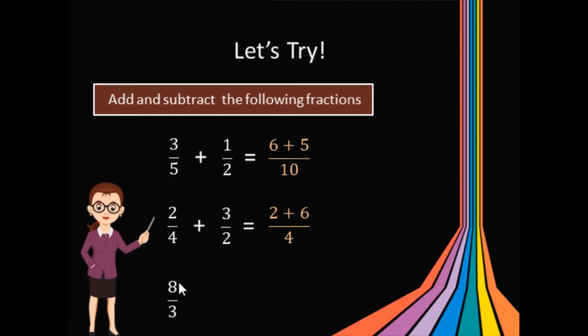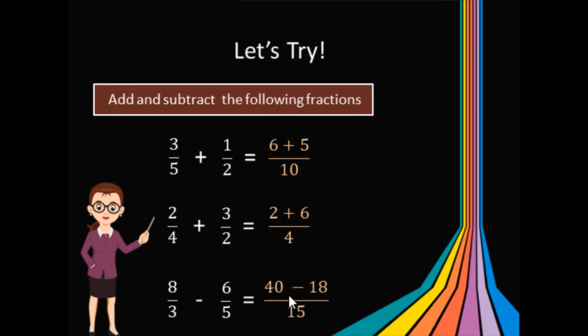Next, we have 8/3 plus or minus 6/5. What is our denominator? Alright, our denominator would be 15.